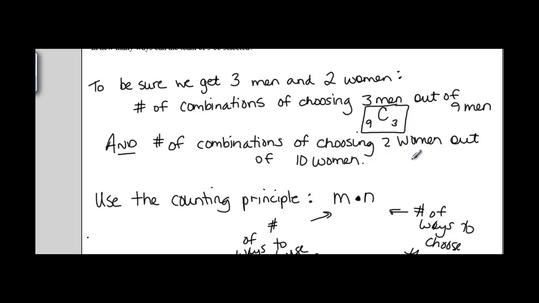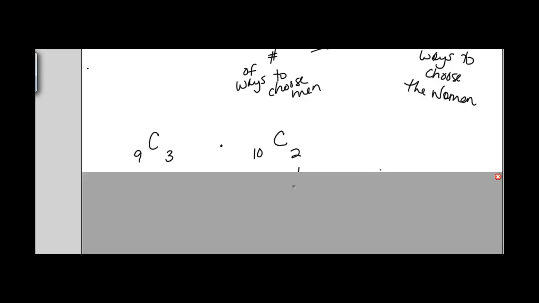We'll do the same thing with the number of combinations of choosing 2 women out of 10 women. So the N would be 10 total. That's how many women we have available to choose from, and we'll select 2 at a time. And again, order does not matter. So from up above, the number of combinations of choosing 3 men out of a total of 9 men would be represented with N choose 3.